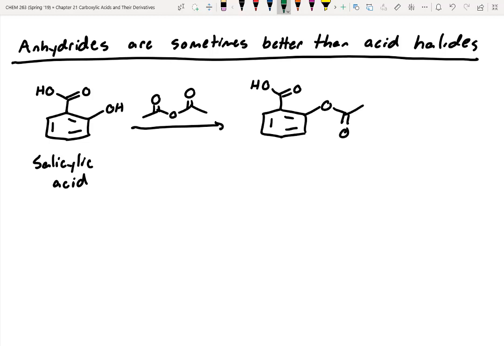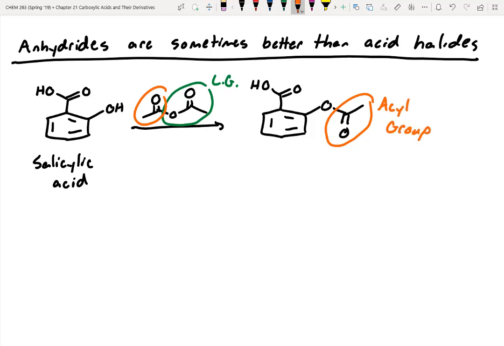Because if we think about it, this whole group lost as a leaving group, which meant that this was the group that we added on right there. So we've added on this acyl group. So these are called acylating reagents. In this case, they react really well with alcohols. If we were to use an acid halide, we might accidentally make an anhydride at the top too.